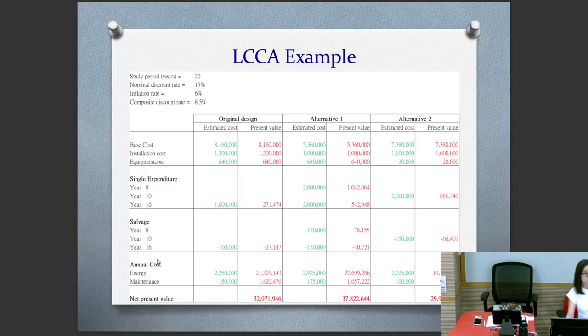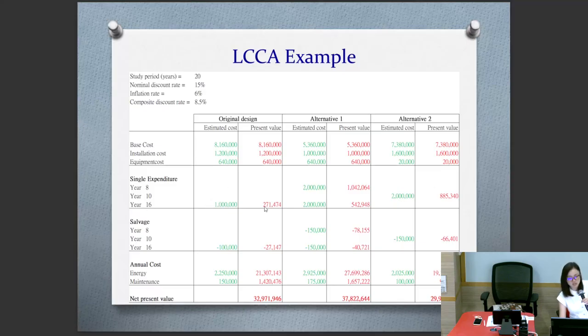But these will happen in the future, so we have to use the equation highlighted in yellow to convert them into present value. And N or T will be 16. This future money will happen in year 16, so the number of years T will be 16. This amount happens 16 years later.